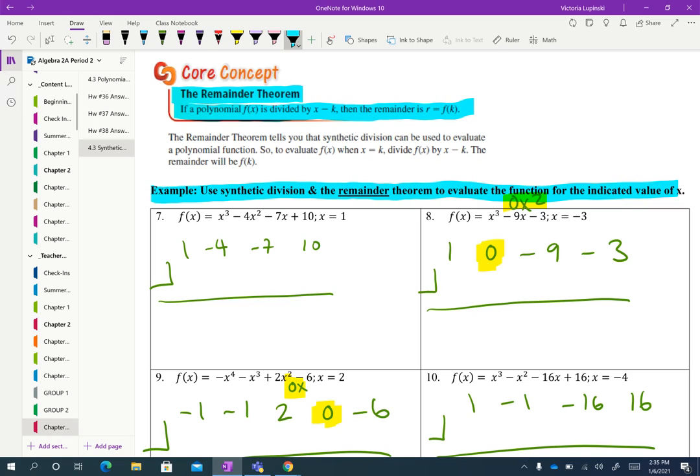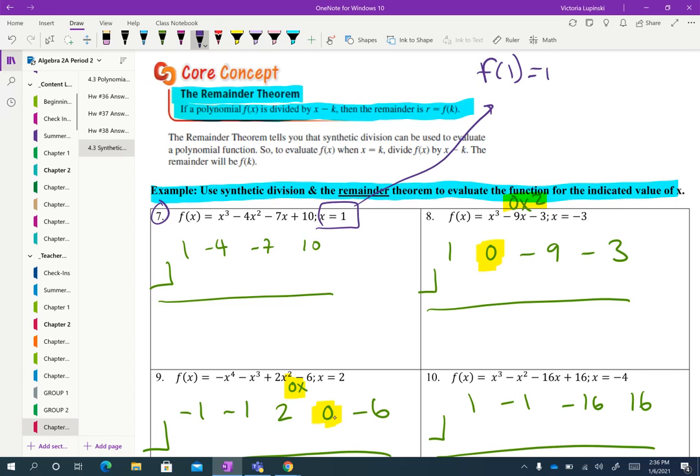So the first thing I'm going to do is show you how we would have done these problems prior to this lesson. In number 7, you are trying to evaluate that f function at the value x equals 1. So draw yourself a little arrow up here to the white space. When they say evaluate this for x equals 1, they're asking you to find f of 1. Well, we've done plenty of those. Go to the function.